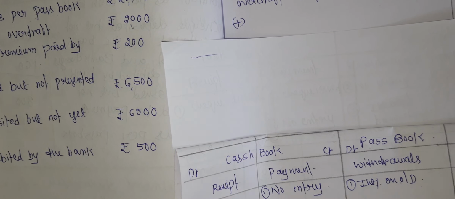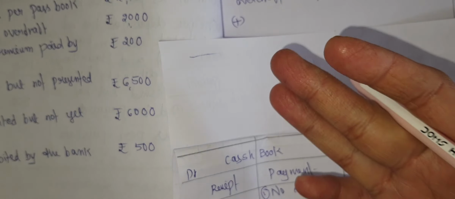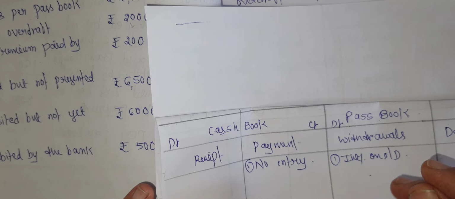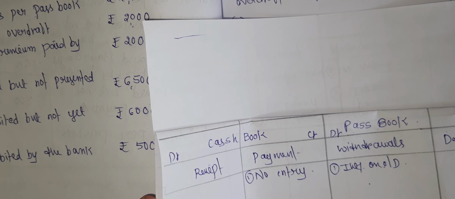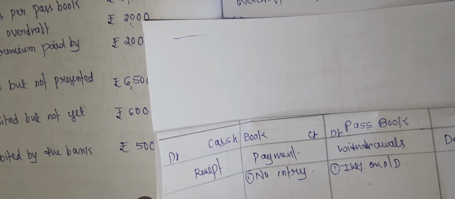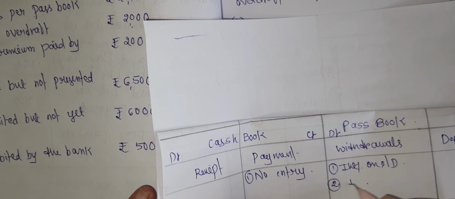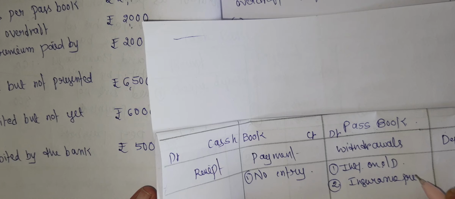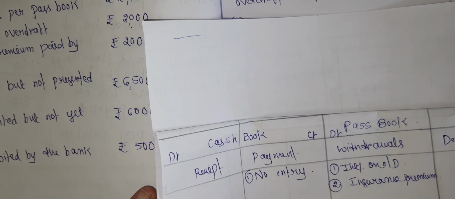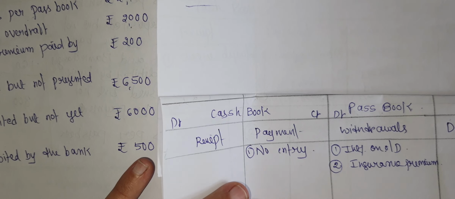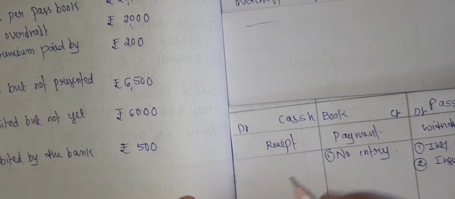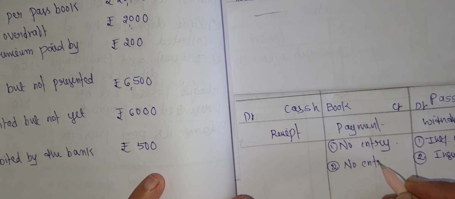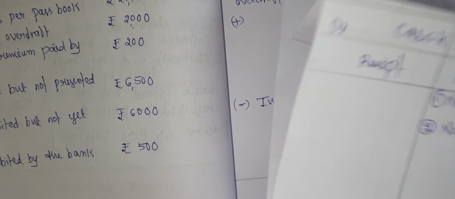It will appear on the debit side because insurance premium paid is a withdrawal or payment side, paid by the bank, it will appear on the debit side because the bank is making a payment. Insurance premium, bank is making a payment, and in the cash book, in the payment side, there is no entry because insurance premium is paid by the bank.